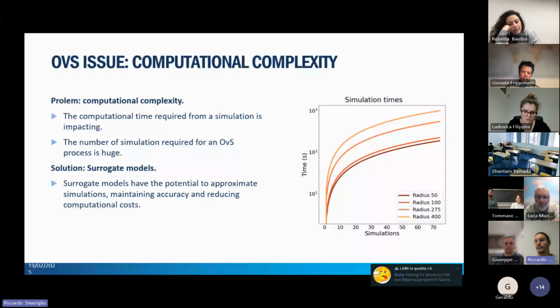So given the bottleneck, the computational complexity and the simulation time required by this kind of simulator, one of the most important solutions is to use surrogate models. Surrogate models are usually artificial intelligence models that basically replace the simulator and mimic its actual capabilities.